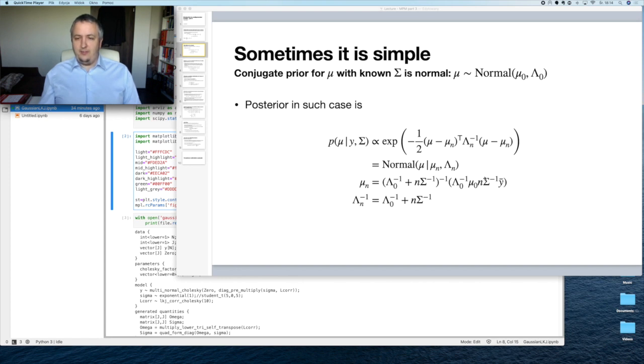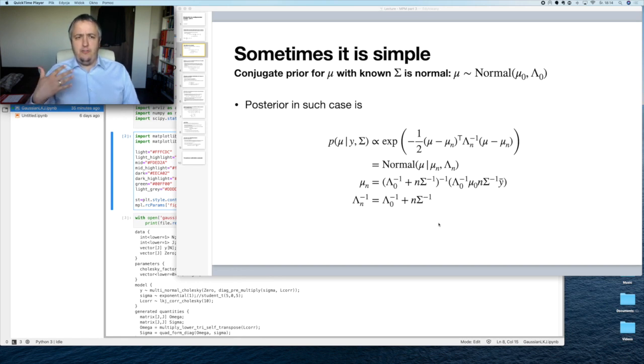In this case, we use both the inverses of the lambda 0 and sigma matrices, and the sufficient statistic, which is the mean of our multivariate measurements. And the new covariance matrix of this posterior is given by lambda n, where the inverse of lambda n is given by the sum of the inverse of lambda 0 and the inverse covariance matrix multiplied by n, where n is the number of our measurements.